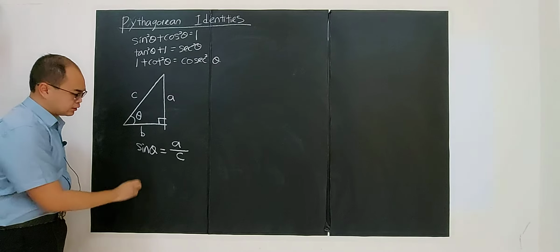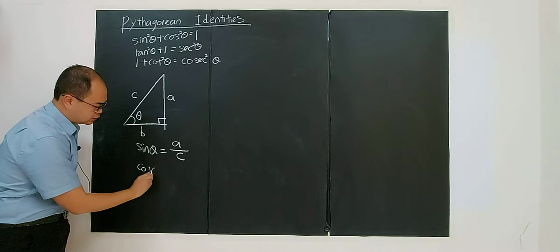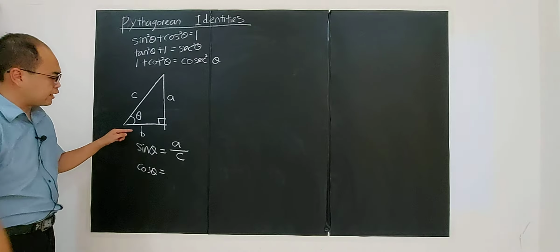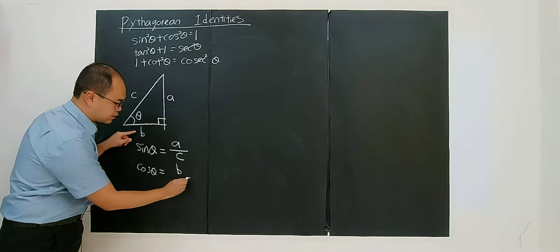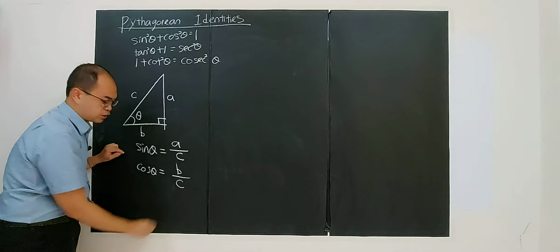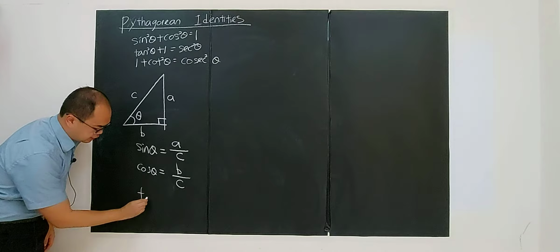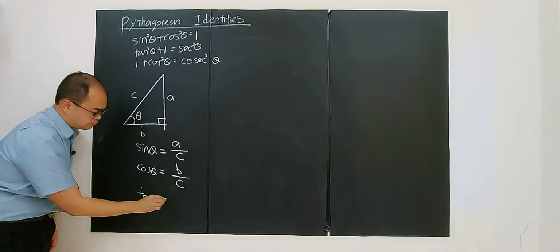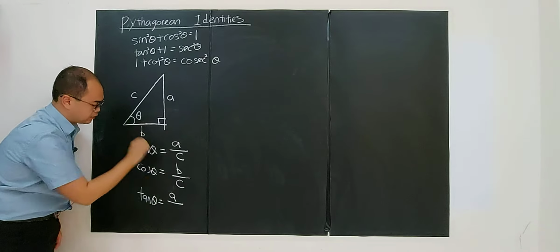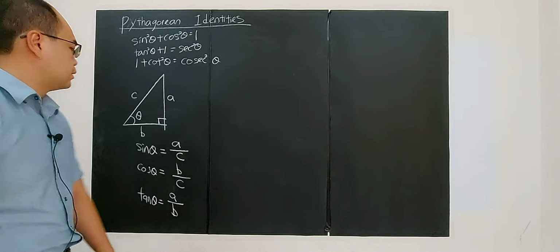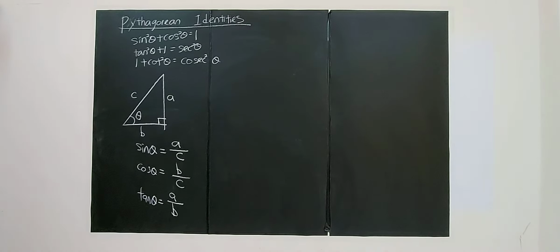Cos theta is defined as the ratio of the length of the adjacent side divided by the length of the hypotenuse. And tangent theta is defined as the opposite divided by the adjacent. These are the very basic trigonometric ratios that you learned during secondary school.